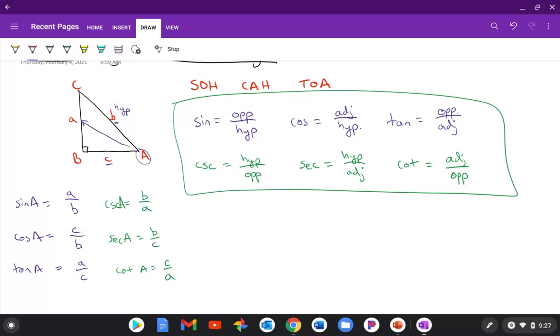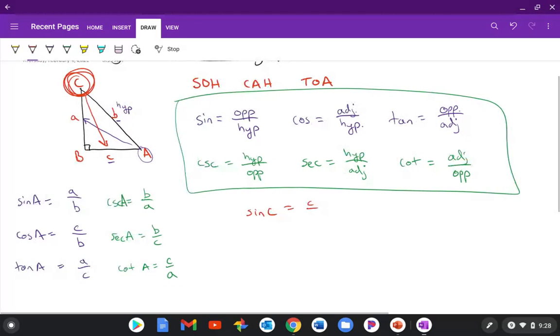Now we could also take it from a different perspective. What if I asked the sine of angle C, for instance? So now this is the one we're focusing on. Okay, so the sine of C, the opposite over hypotenuse. So opposite of big C is little c. And then hypotenuse was still B. So C over B. So it changes things a little bit.